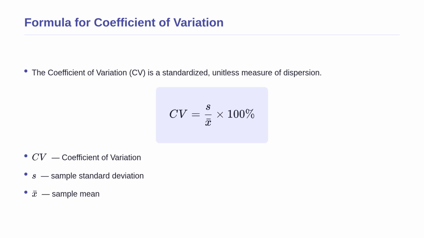This need for a relative comparison brings us to the coefficient of variation, or CV. The formula is CV equals S divided by X bar, multiplied by 100%. Here, S is the standard deviation, and X bar is the mean. By dividing the spread by the average, we are calculating what fraction of the mean the standard deviation represents.